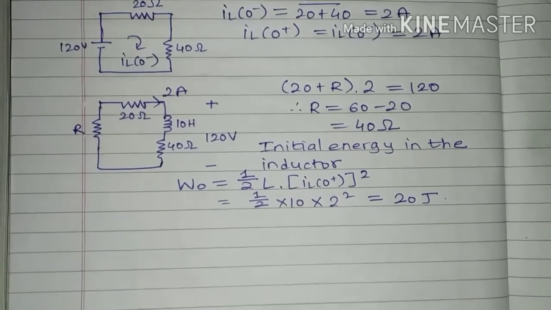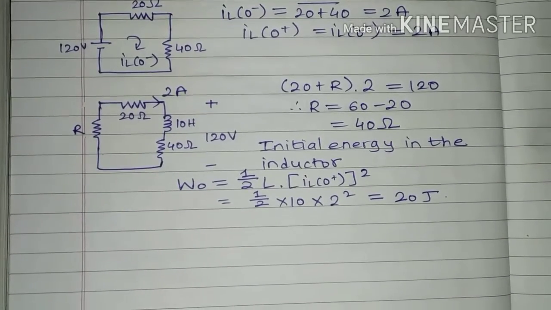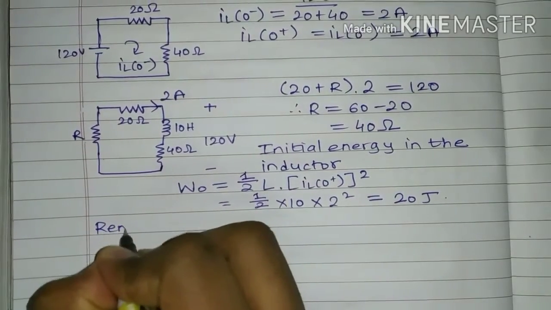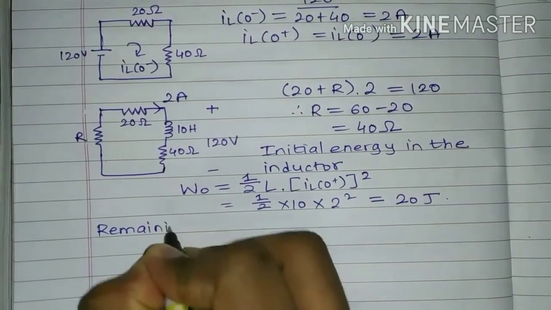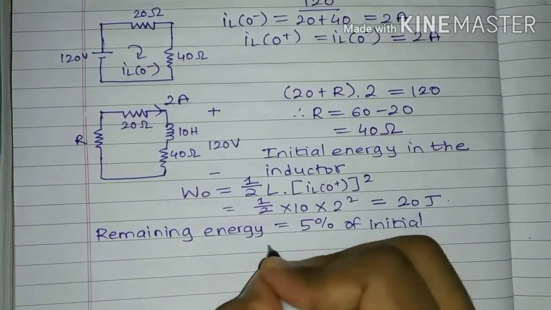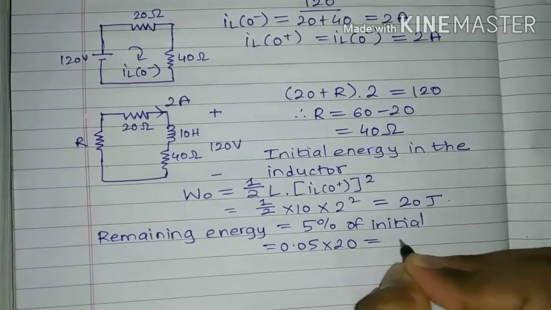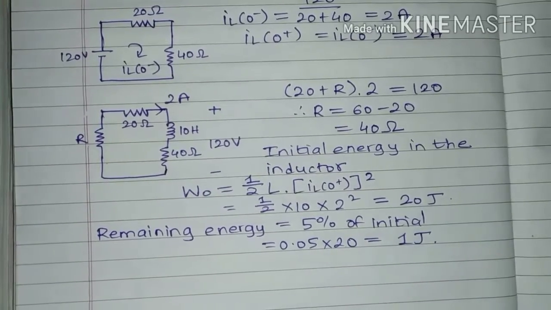Since 95% of the initial energy is dissipated in the resistors, the remaining energy will be equal to 5% of the initial energy, which is equal to 0.05 into 20, which is equal to 1 joule.